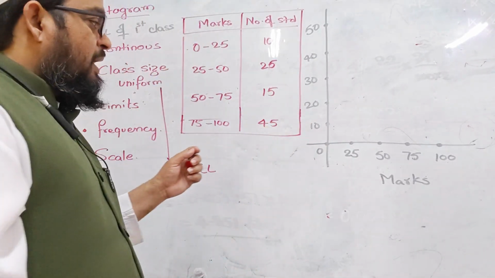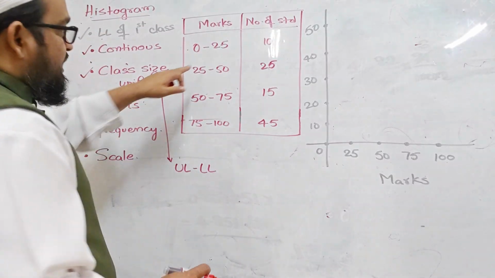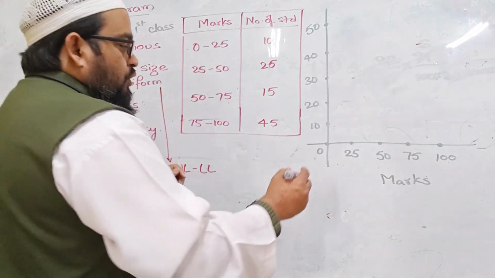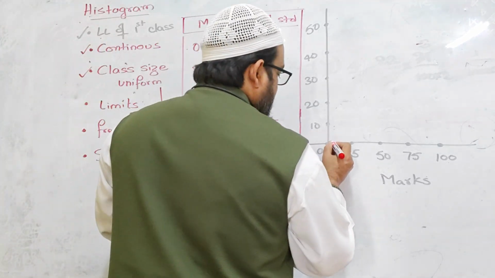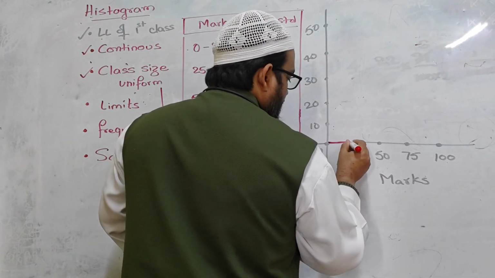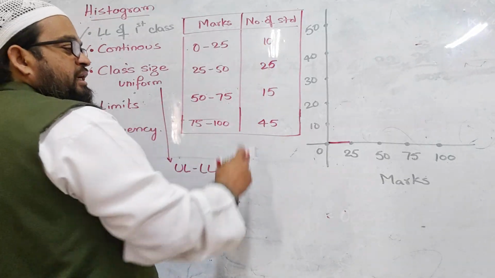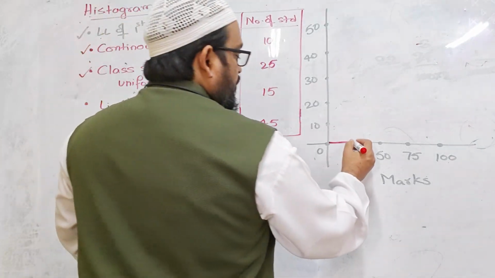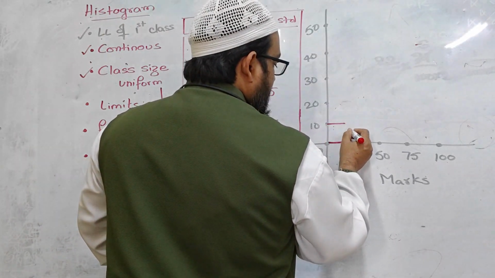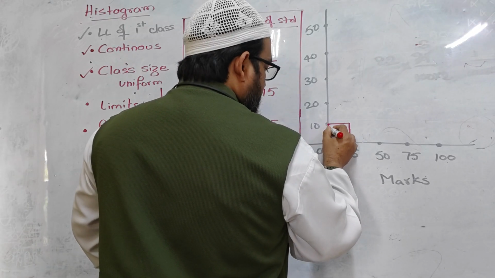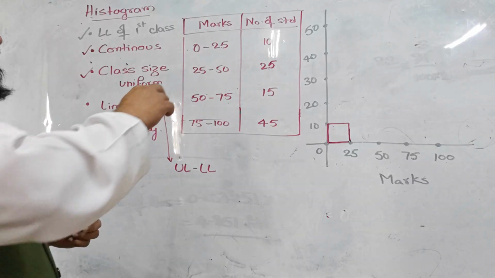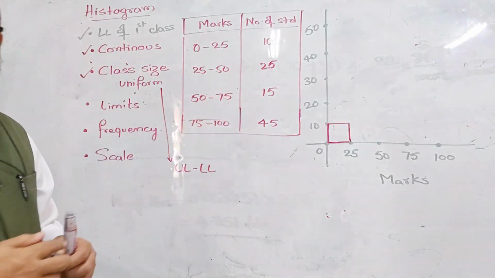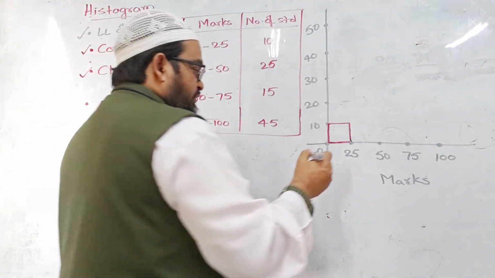So you can easily locate it on the graph, whether it is 12, 17, 35 or 34. Okay. So now the first class is 0 to 25. Now, what is the frequency? 10. So you take the value 10 and this is the bar. And for 25 to 50, it is 25. Where is 25 to 50?